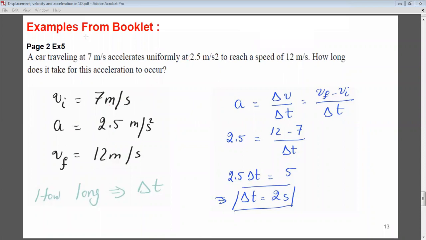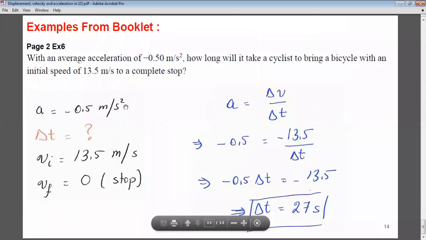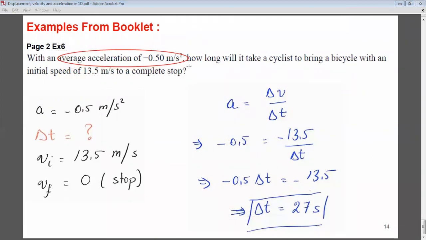Okay. Last slide, another problem from your booklet. With an average acceleration of minus 0.5 meters per second square. Why is it minus? Because it is decelerating.